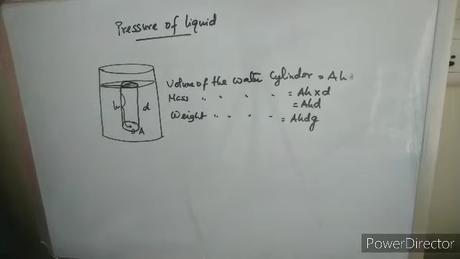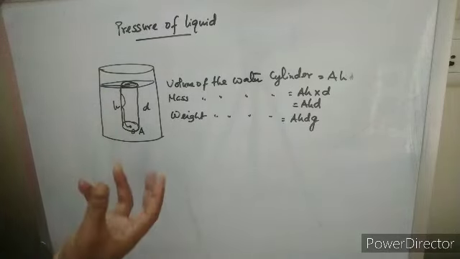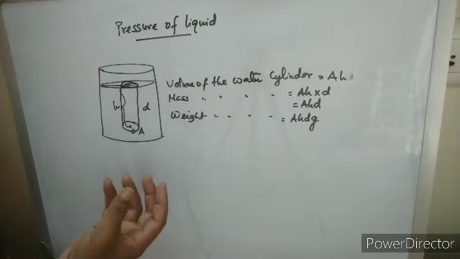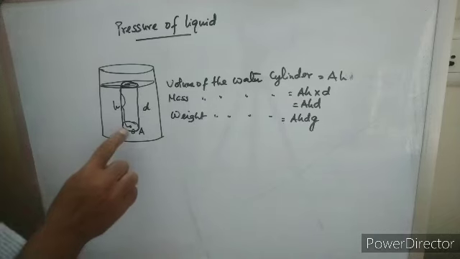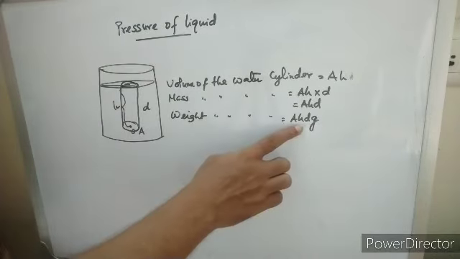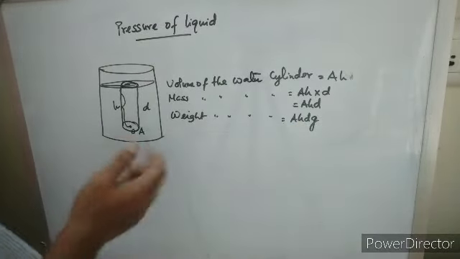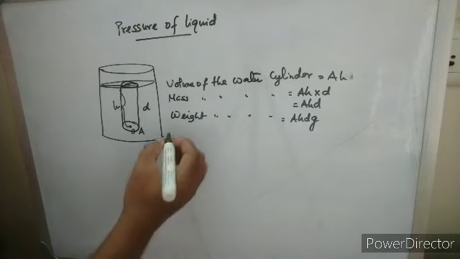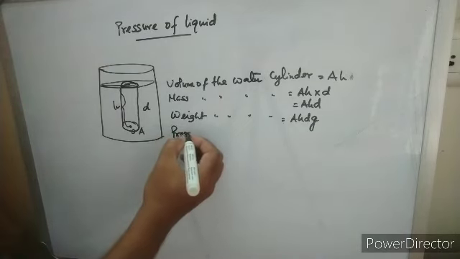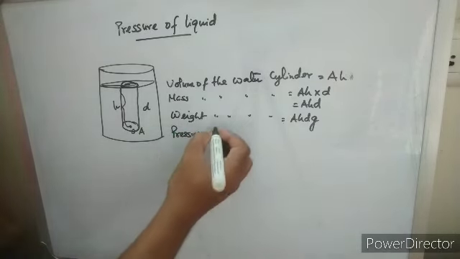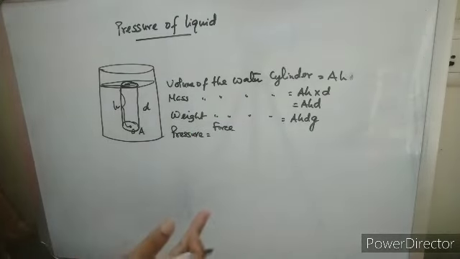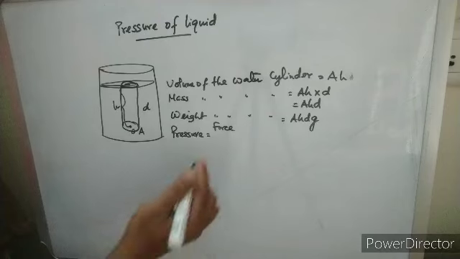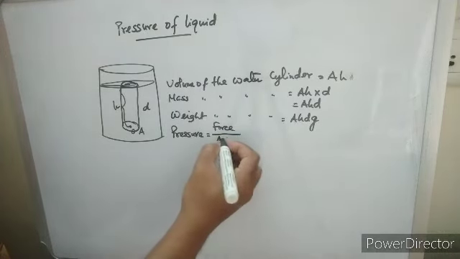Now, the force or the weight applied by that imaginary water cylinder to the point O is AHDG. Now, what is the pressure? As you know, the pressure equals the normal force divided by area.